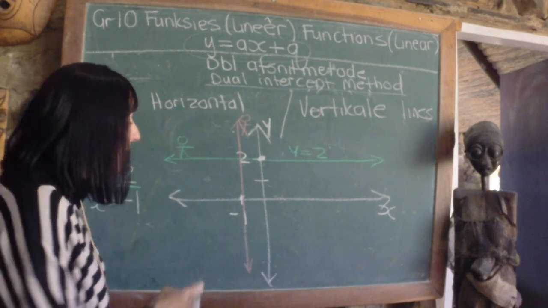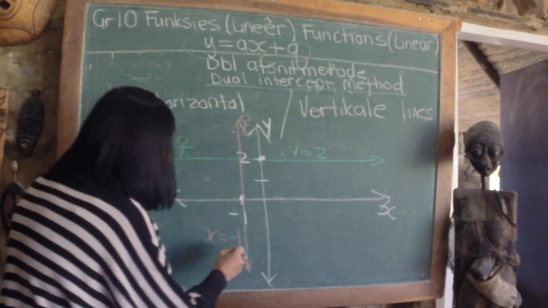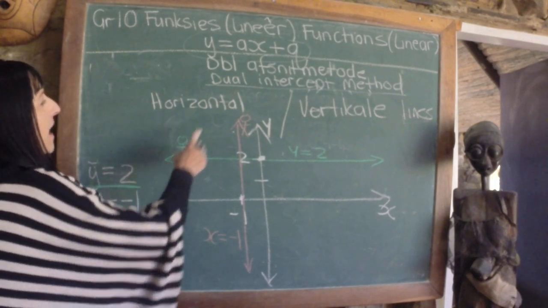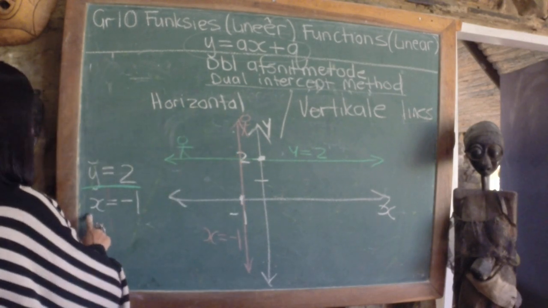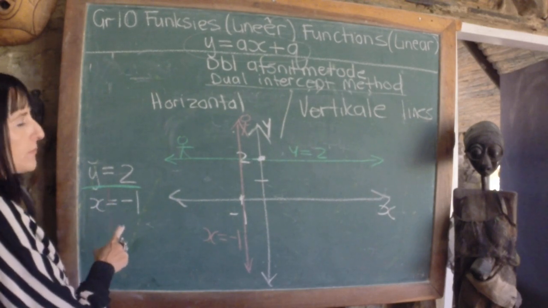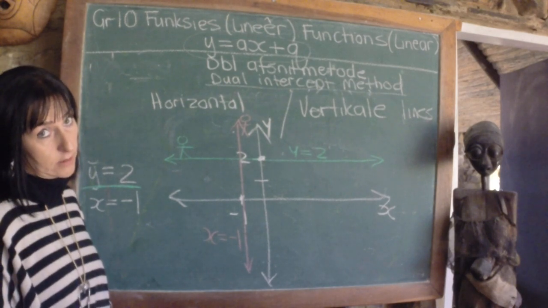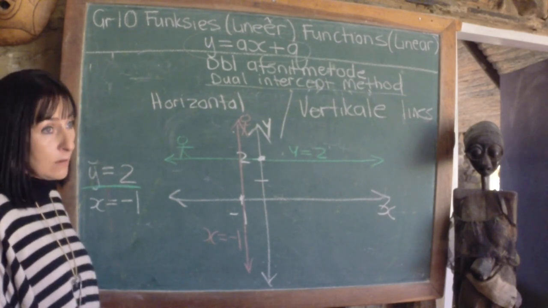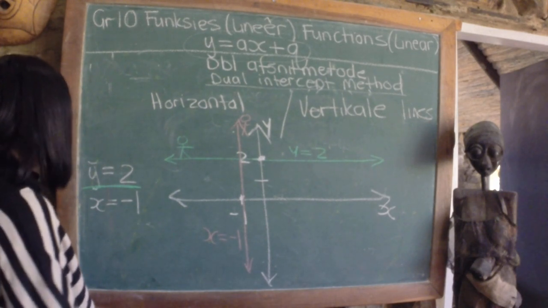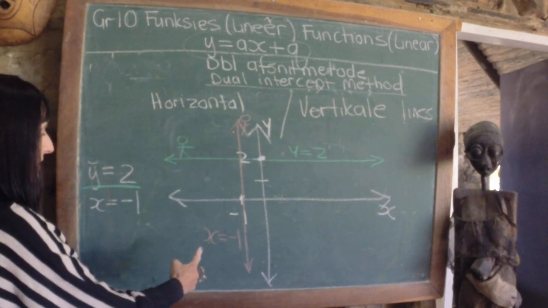So that's why this gradient of this x equals minus 1 is undefined. Die gradiënt van lyne van x is gelyk aan net 'n getal is always undefined because this little boy, he's in trouble. Okay. He's going to fall and fall and fall forever. Okay. So dit is hoekom x is gelyk aan min 1 is vertical lines.